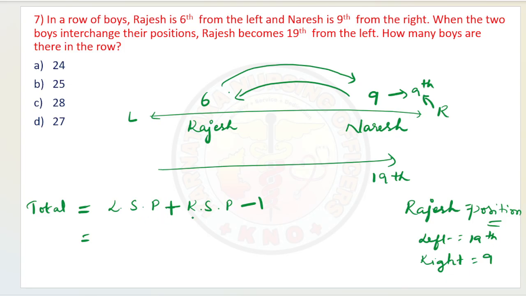So left side position 19 plus right side position 9 minus 1. 19 plus 9 is 28, minus 1 is 27. So there are 27 boys in the row. So option D is the correct answer.